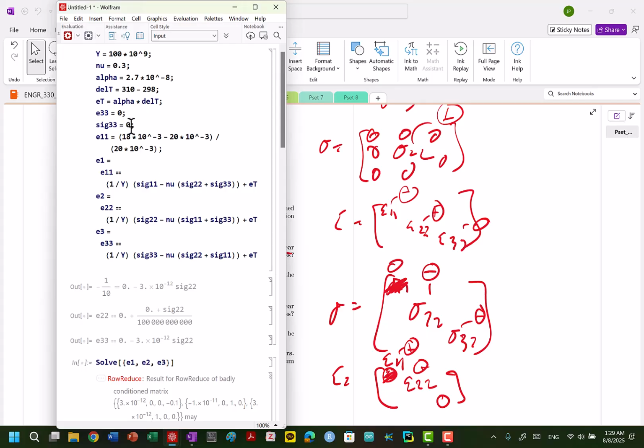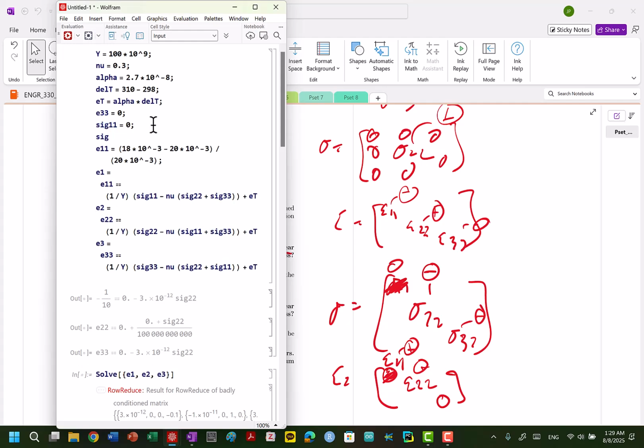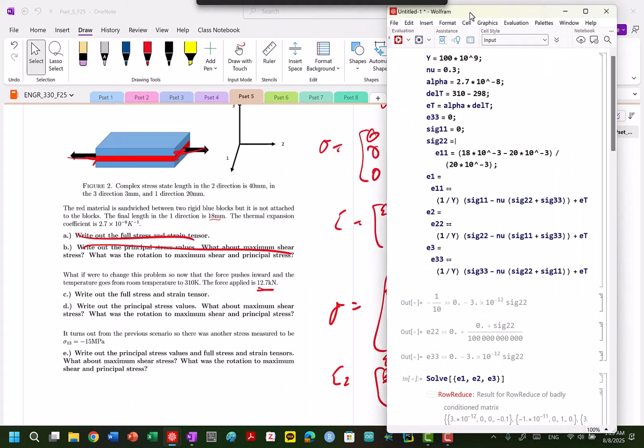We know that sig11 is 0. And we don't know anything else, but we do know that sig2 is equal to the force, which is implied, so it's applied there. So the force is minus 12.7 times 10 to the 3.